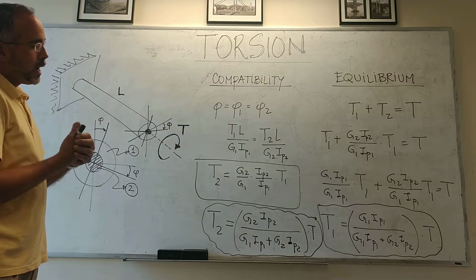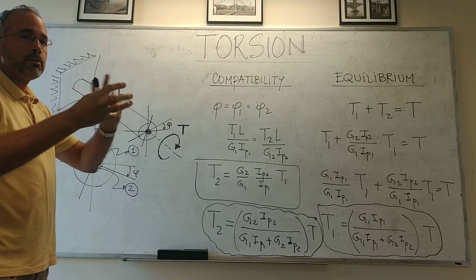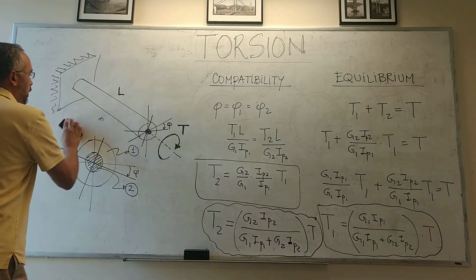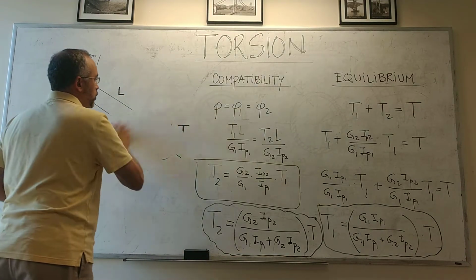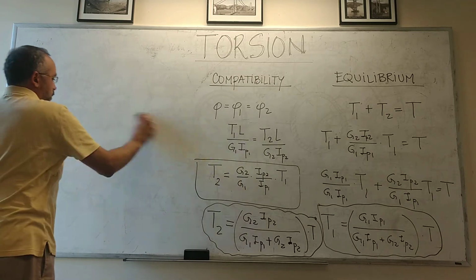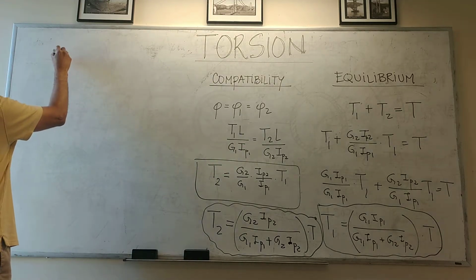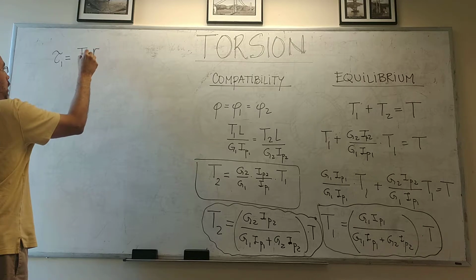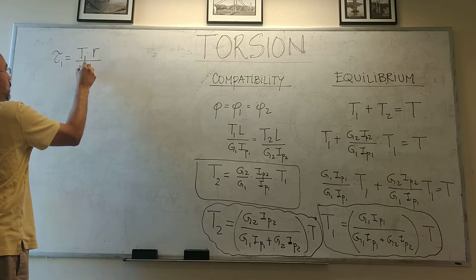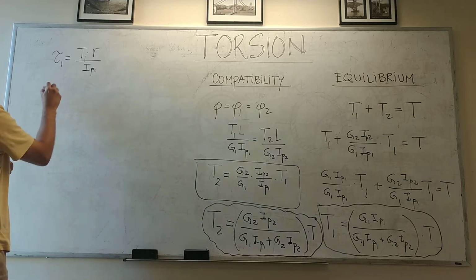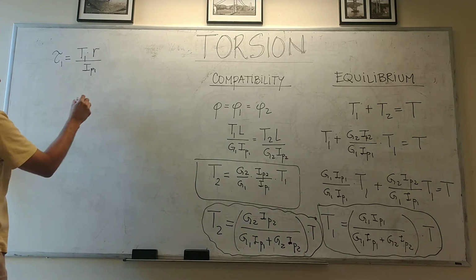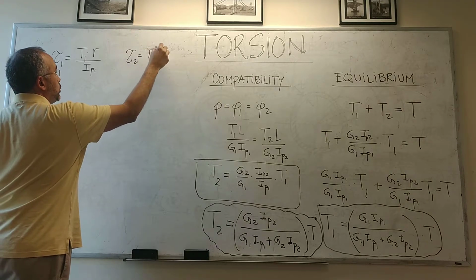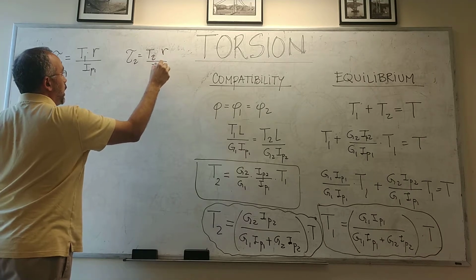Now, once we've got the torques going to each material, we can find the stress in each one of them. So we know that the maximum stress in material 1 is going to be T1 times R divided by IP1, and the same thing happens with material 2: T2 R divided by IP2.